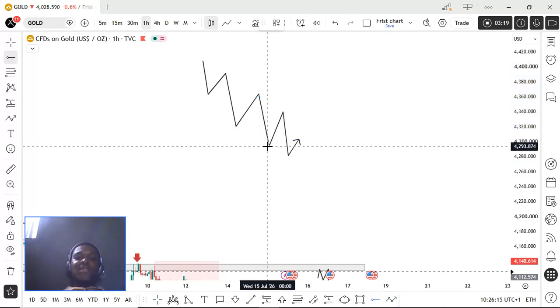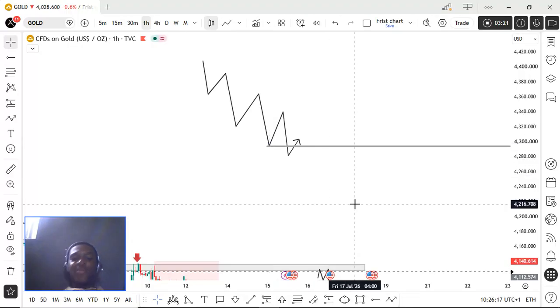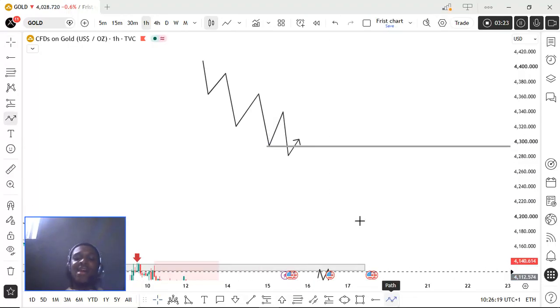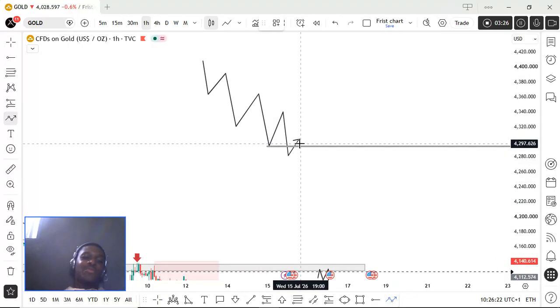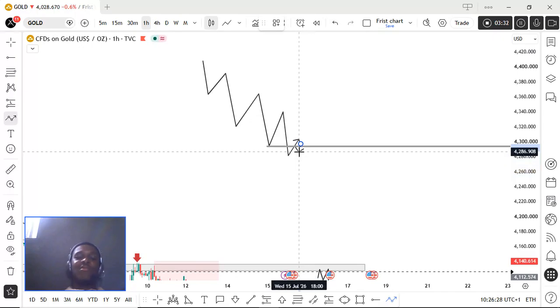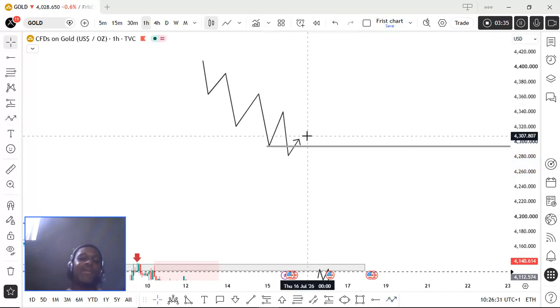The seller sitting at this level will not be able to push the market down. He might push it sometimes, but let's say 9 out of 10 times, maybe 7 times, he will not be able to push it down. You understand, because this is a game of probability.